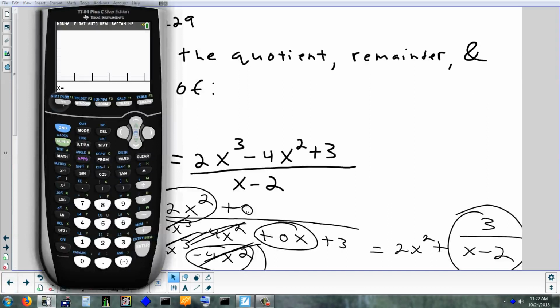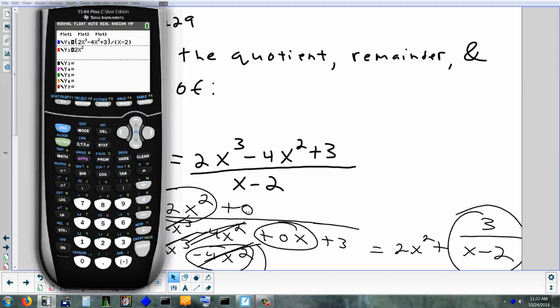So we've got 2x cubed minus 4x squared plus 3 divided by x minus 2. I'm going to do that in blue, and I'm going to put the asymptote, 2x squared, in red, and I'm also going to make it a dotted line.